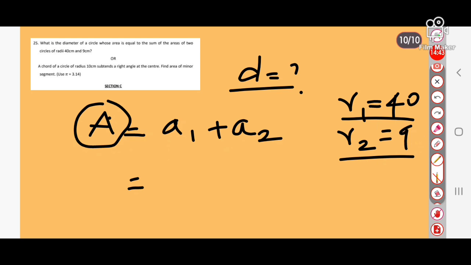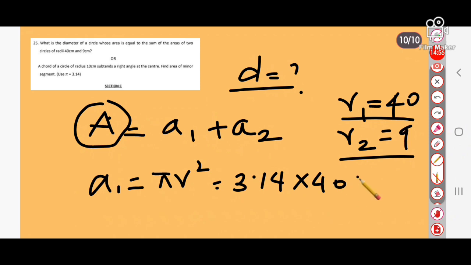First we will find the area of the circle of radius R1, that is the A1 value. Pi r square is the formula for the area of a circle. Pi is 3.14 into 40 into 40. When we multiply, the answer will be 5026.